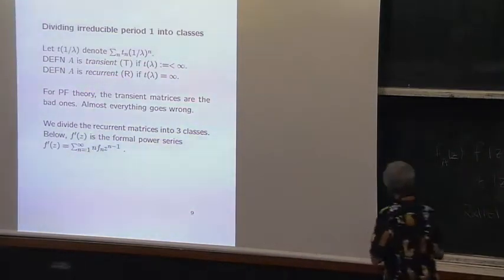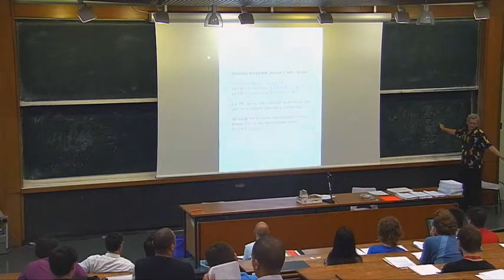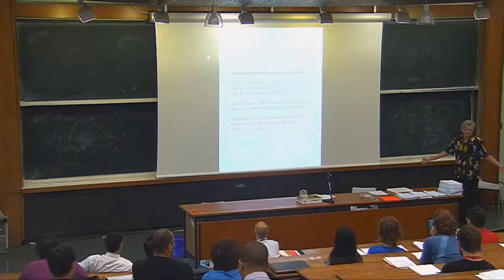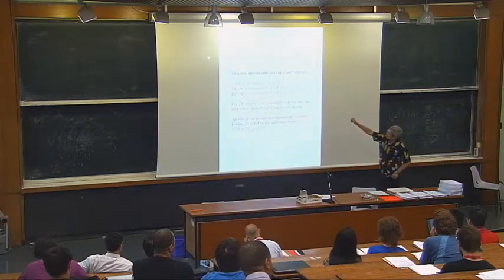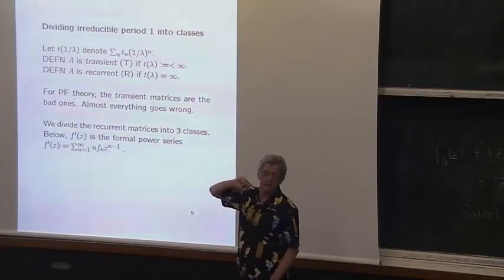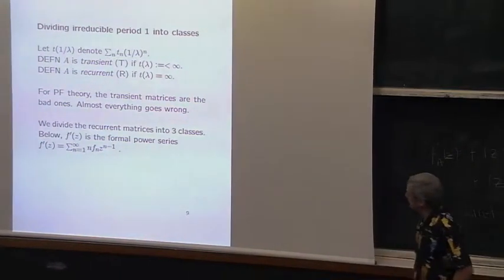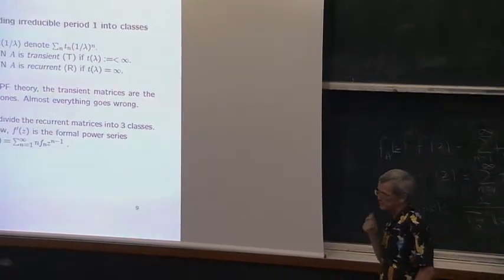In other words, I take this series T and I see what happens when I put in 1 over lambda. It might converge to some positive number, or it might diverge to plus infinity. Okay, and now the definition: A is transient, abbreviated capital T, if T of 1 over lambda is finite, and it's recurrent if T of 1 over lambda is infinite. Okay, so that's the first fundamental distinction.